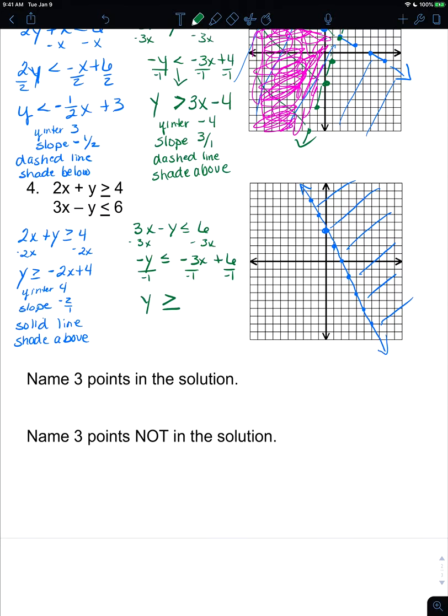So y is now greater than or equal to 3x minus 6. So we have that y-intercept at negative 6, and a slope of up 3 over 1. And that will also be a solid line since it's also equal to, and we're going to shade above the line.